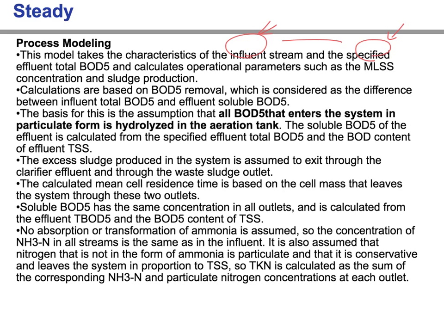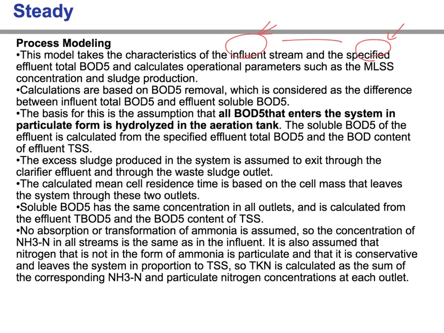The soluble BOD5 of the effluent is calculated from the specified effluent total BOD5 and the BOD contents of the effluent. The excess BOD sludge produced in the system is assumed to exit through the clarifier effluent and through the waste sludge output.